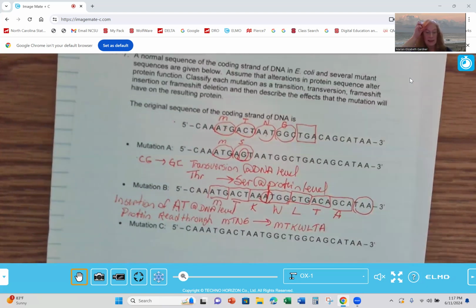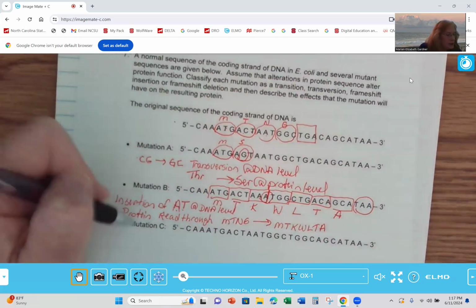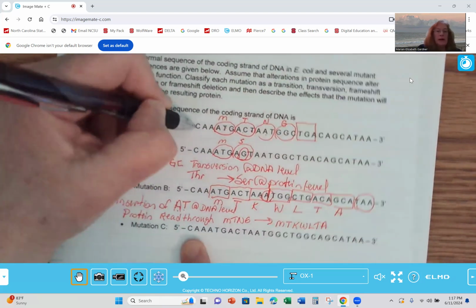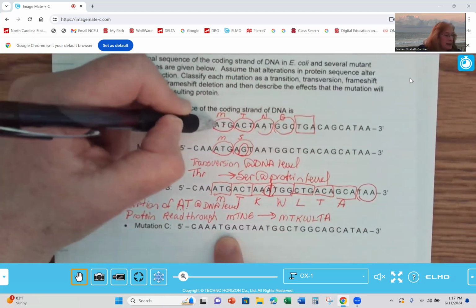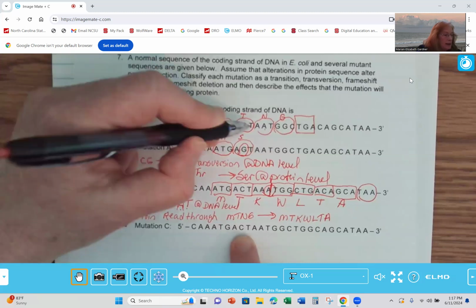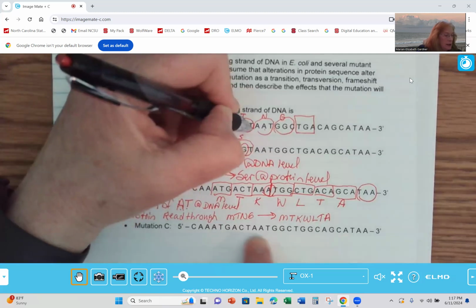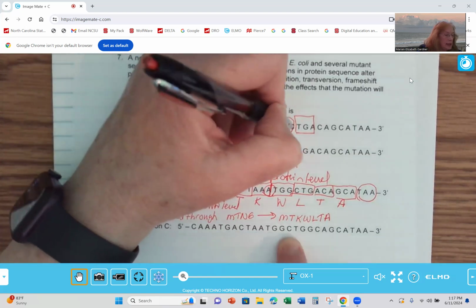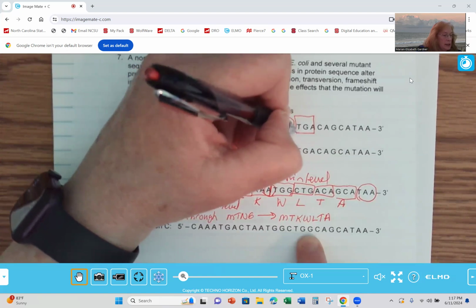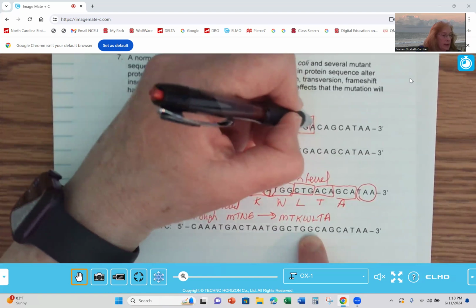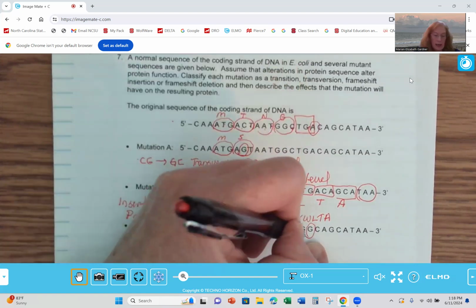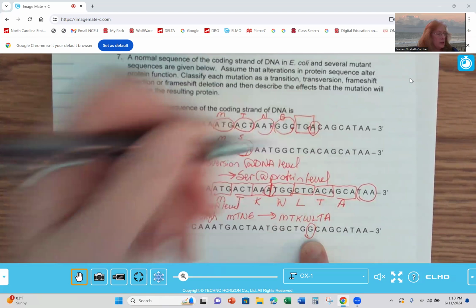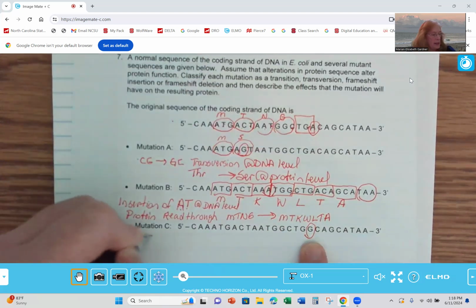And then let's see, our last one. Go back and compare it to the very first one, C, three A's, TG. ACT looks good. AAT looks good. GGC looks good. TGG: A to G. So we went from an AT to a GC.